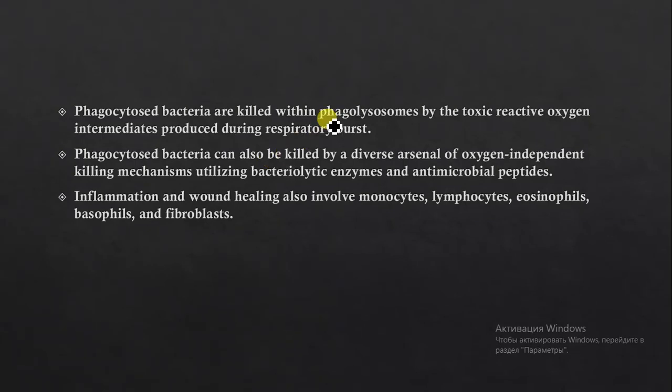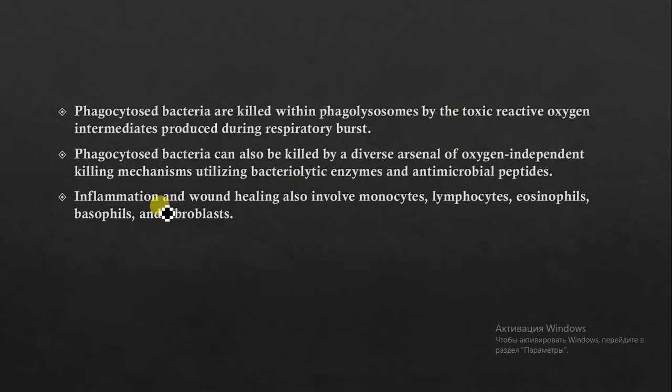Thank you. And then phagolysosomes can destroy the bacteria after the phagocytosis. In pathology we'll discuss in more detail, but this also should be noted by you. Phagocytosed bacteria can also be killed by a diverse arsenal of oxygen-independent killing mechanisms utilizing bacteriolytic enzymes and antimicrobial peptides, because they're present in neutrophils.